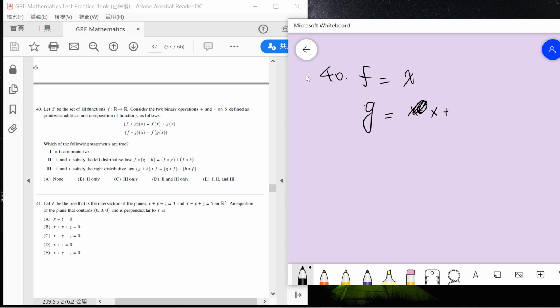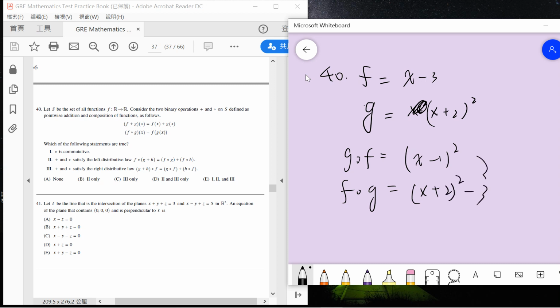Maybe f is x plus 2 squared minus 3. And so g composition f is x plus 2 squared minus 3 all squared, but f composition g is x squared plus 2 squared minus 3. So they are different. So the number 1 is false.